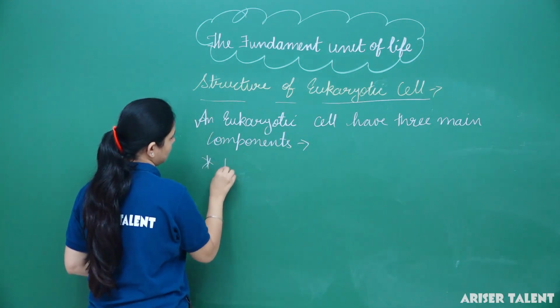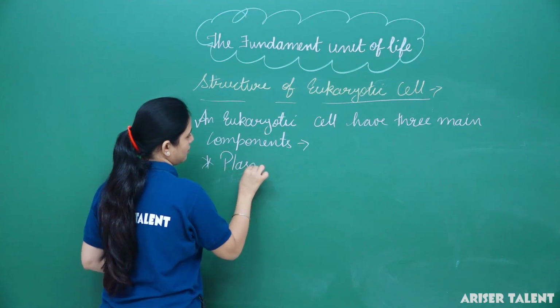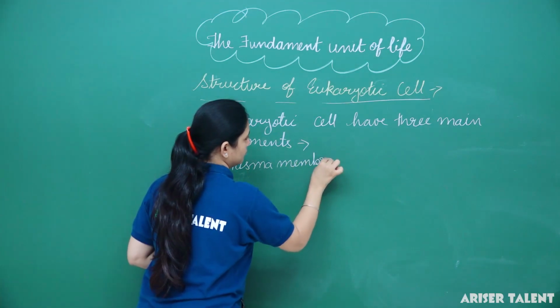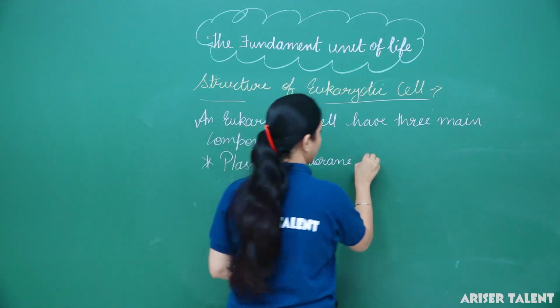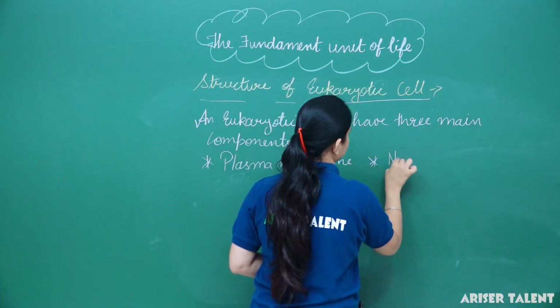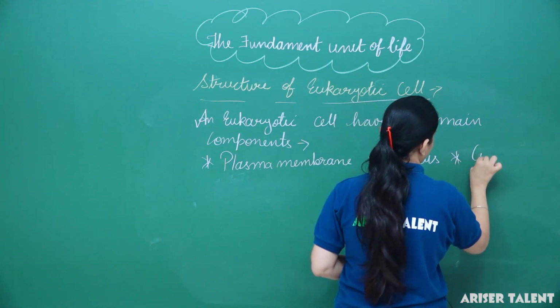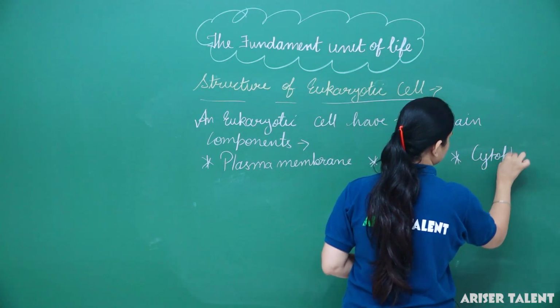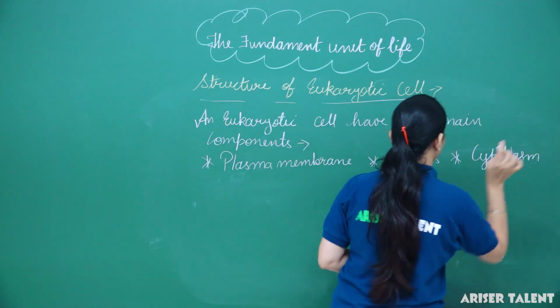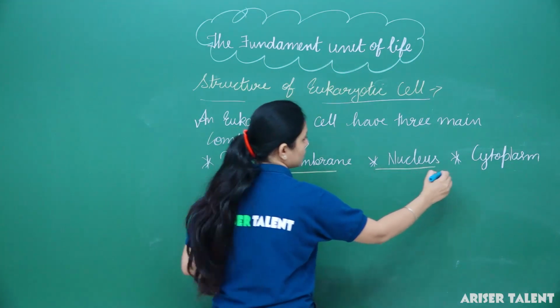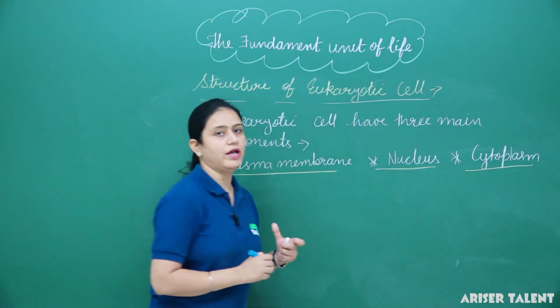Number one is plasma membrane. Then nucleus. And third one is cytoplasm. Okay, so these are the three very important components which are present in all the eukaryotic cells.